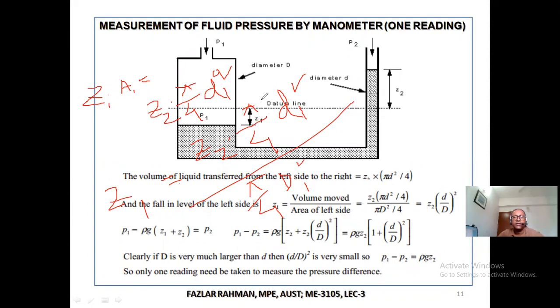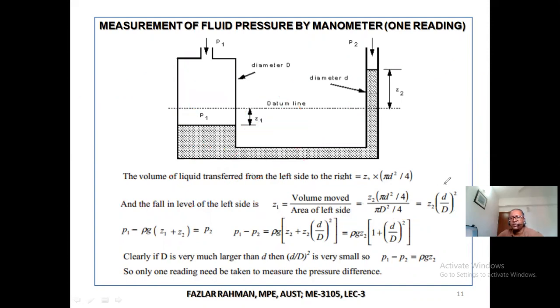So now you see this pi by 4 will cancel out. So ultimately you are getting Z1 equal to d divided by D whole square into Z2, right? That is shown right over here. So I can erase it. That means Z1 equals this value.